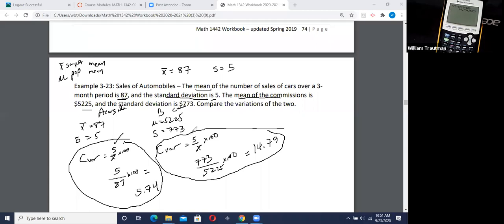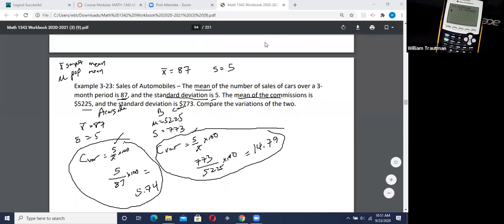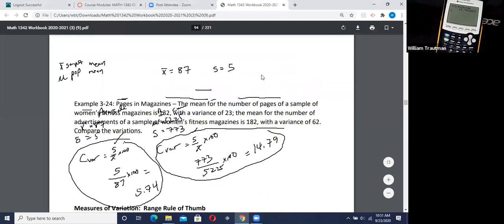It's comparing the two with their mean, how far apart their data is. And the larger one has a larger variation. So even though the data is two different types of data, you can still do the coefficient of variation for each one.